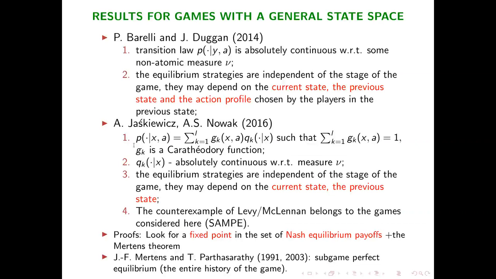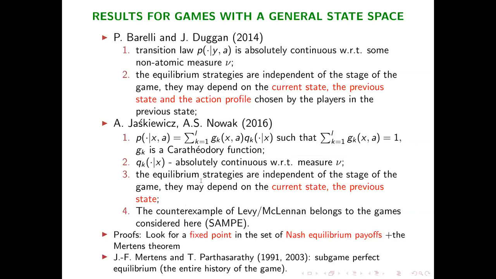So, as I mentioned, P, the transition probability, is a convex combination of some measures Q, and it is also important that Q is absolutely continuous with respect to a non-atomic measure mu.